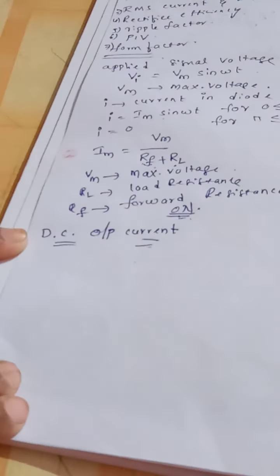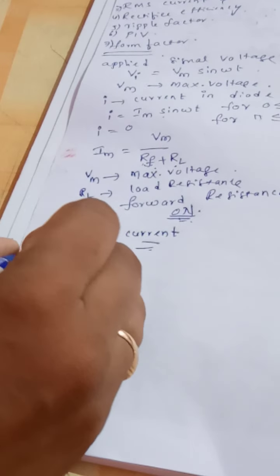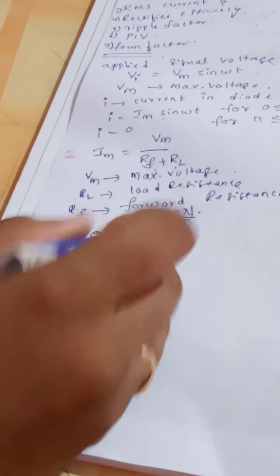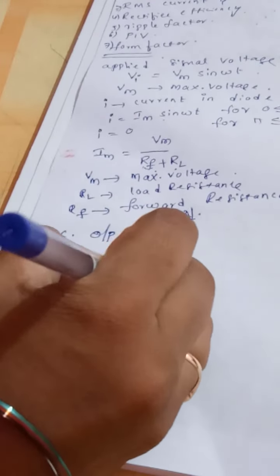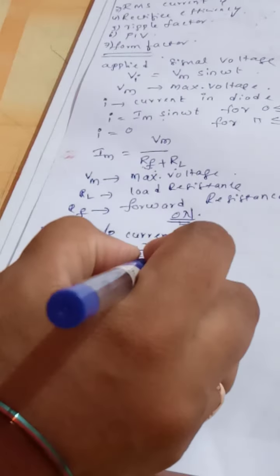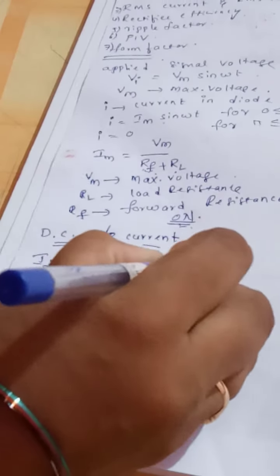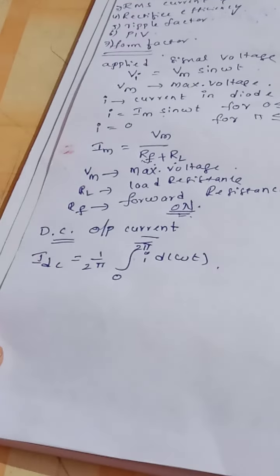Okay, DC output current. So here the formula for DC output current is 1 by 2 pi, with limits 0 to 2 pi for one complete cycle, integral of i d(omega t). This is the formula for IDC.